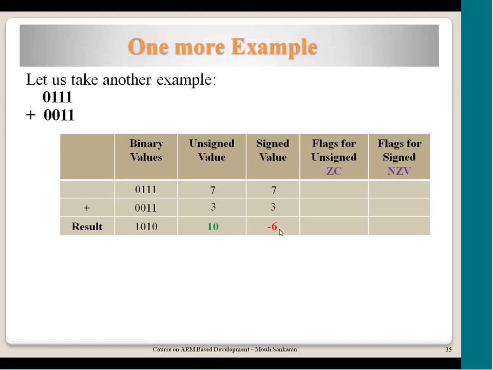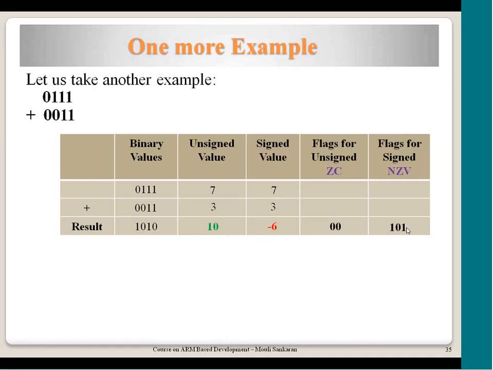Whereas if it is interpreted as a signed value, we consider it a negative number, and then we extract the number from the 2's complement representation. Now we get the -6 value. Now if you do the arithmetic and then apply the XOR operation that I told you in the previous slide, you will be able to get the value of the overflow flag. Now you see that the overflow flag is set here.